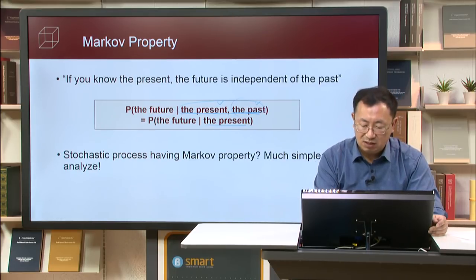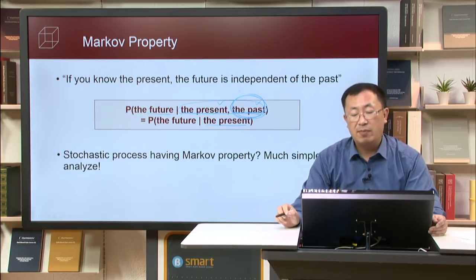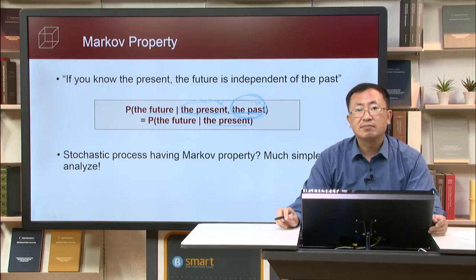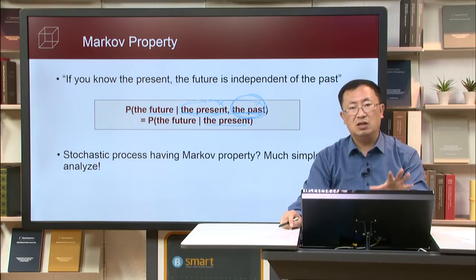So the future is independent of the past, given that you know the present. That is called the Markov property. Sometimes it is called the memoryless property.